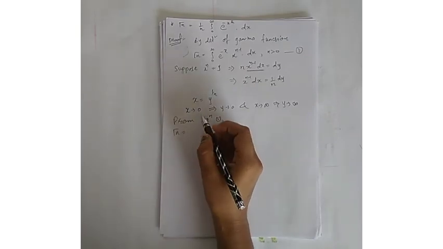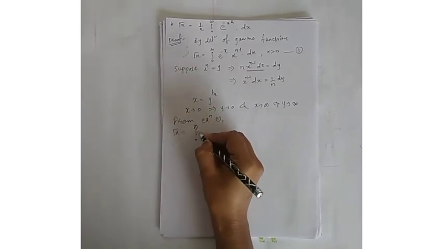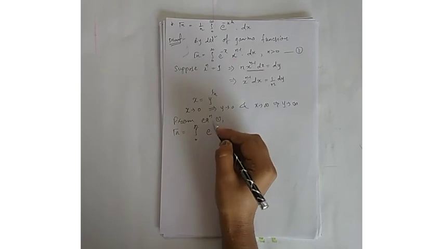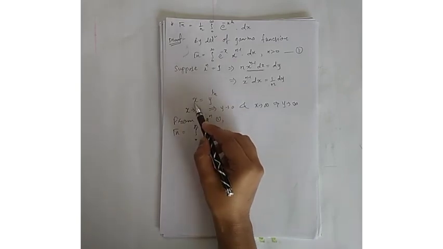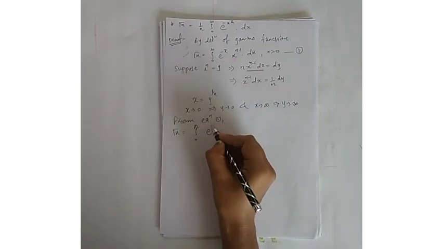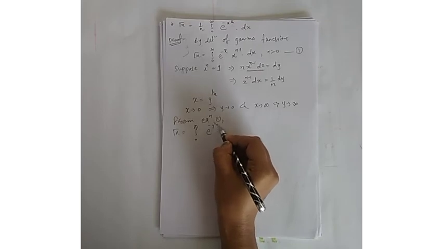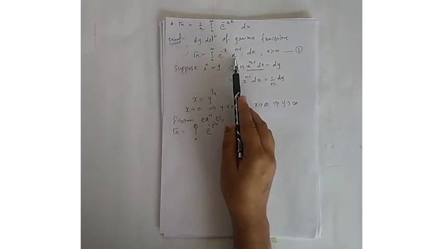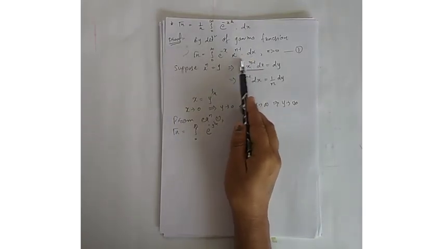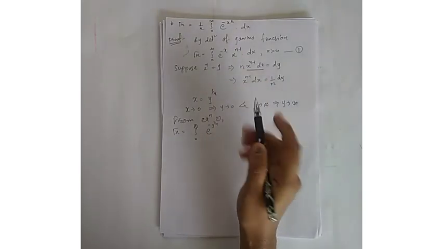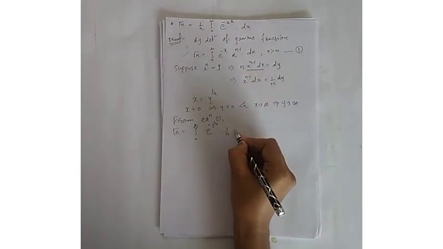So gamma n is equal to integration with limit 0 to infinity e raised to minus x. The value of x is y raised to 1 upon n, so minus y raised to 1 upon n, and x raised to n minus 1 into dx will give 1 upon n into dy.